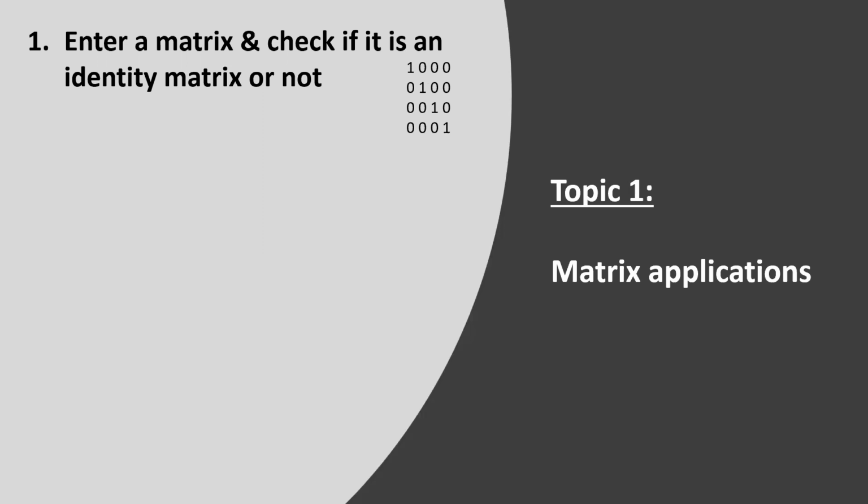You will probably be more confident in mathematics, because I did mathematics a decade ago in college, and I forgot what identity is. So identity means the diagonal elements should be 1, and non-diagonal elements, anything not on the diagonal, should be 0. By diagonal I mean the left diagonal.